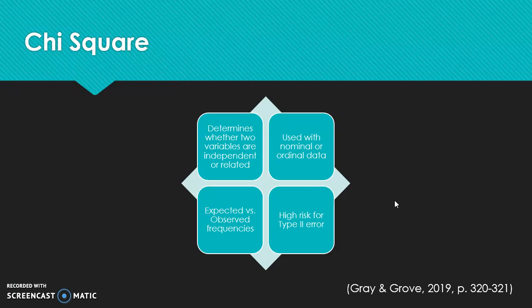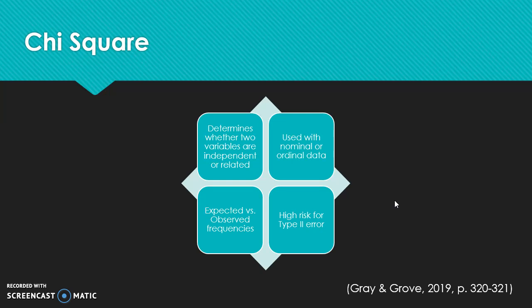Ordinal data would be measures of non-numeric concepts. So for example, you could measure satisfaction or happiness on a scale. So for happiness, 1 would be very unhappy, 2 would be unhappy, 3 would be okay, 4 would be happy, and 5 would be very happy. That would be an example of ordinal data.